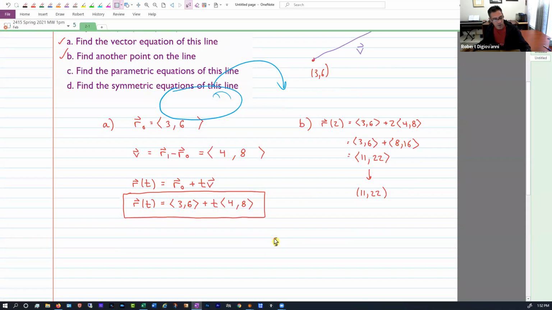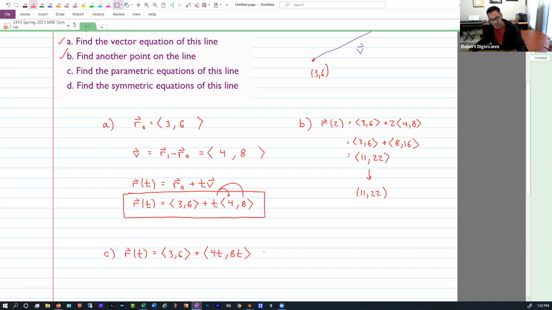So we're going to take our current form. I'm doing part C here, and I'm going to pass that t through the parentheses there. So that becomes still a vector, 4t, 8t.